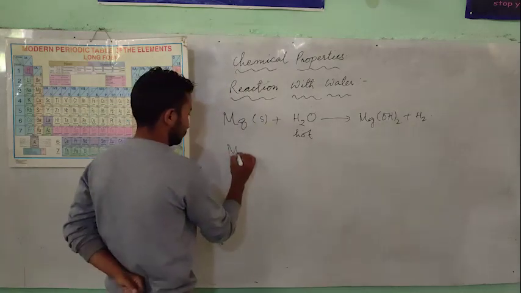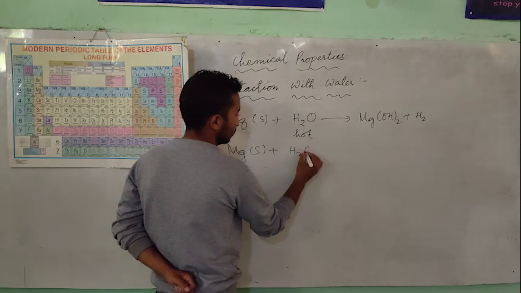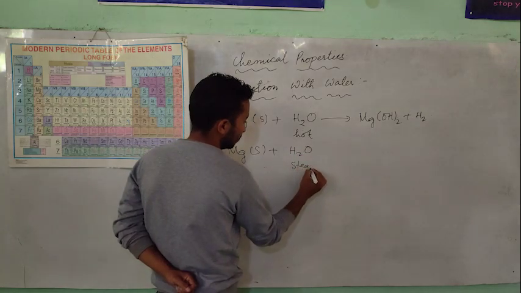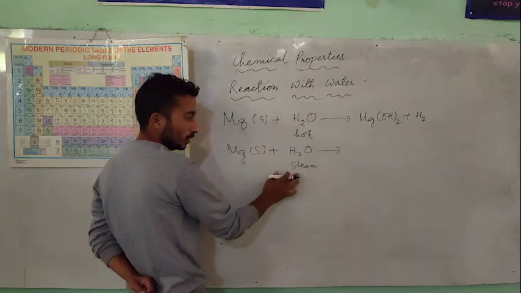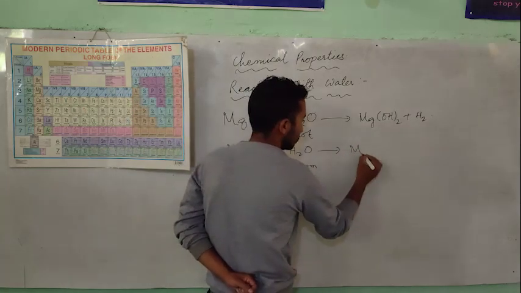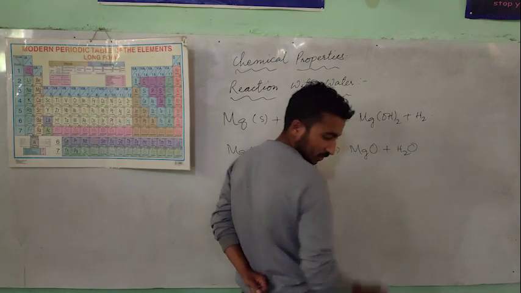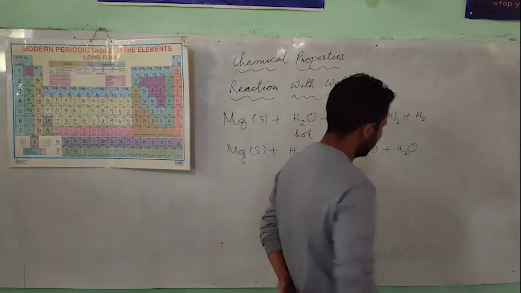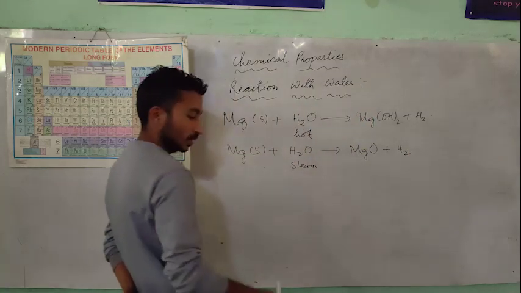The same magnesium will react with water in the form of steam. When magnesium reacts with steam, there will be formation of magnesium oxide and hydrogen.